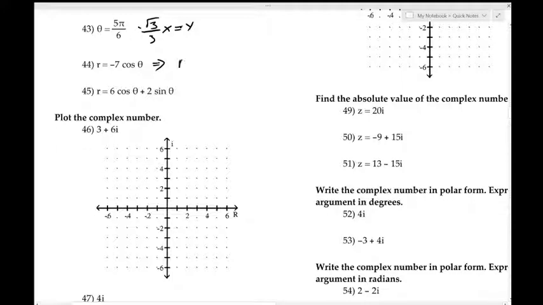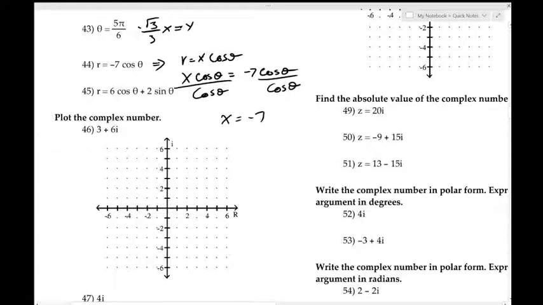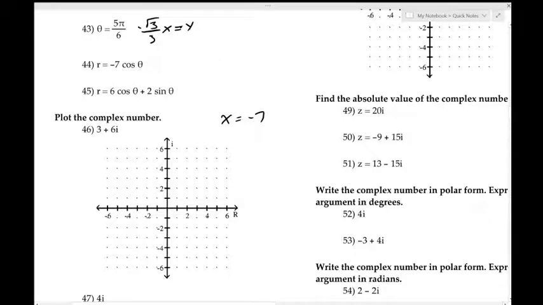Since x equals r cosine theta, if I replace r with that, I have x cosine theta equals negative 7 cosine theta, and if I divide both sides by cosine theta, then I have x is equal to negative 7. And that will be the rectangular equation that matches that polar equation.